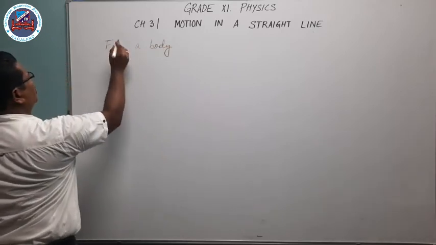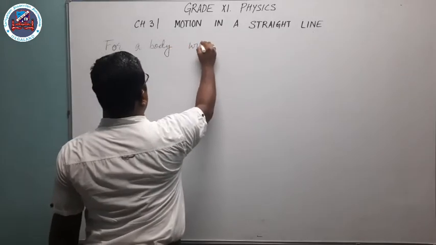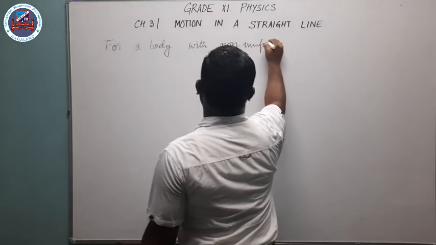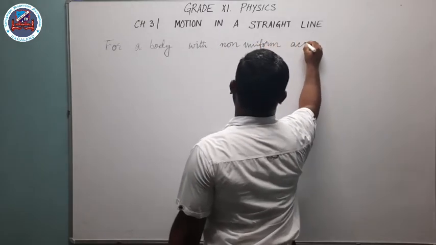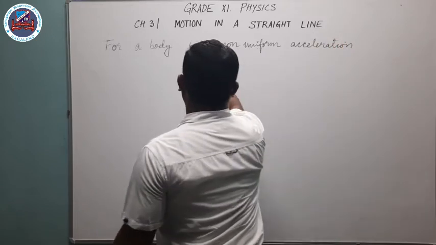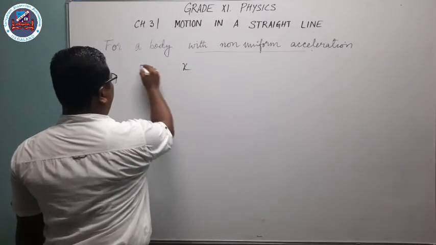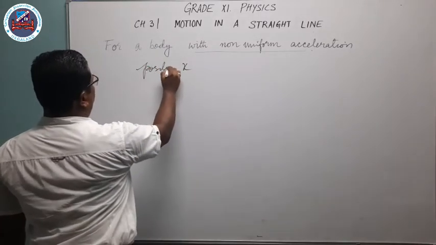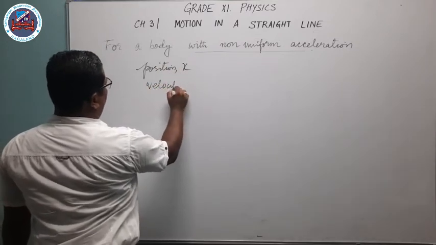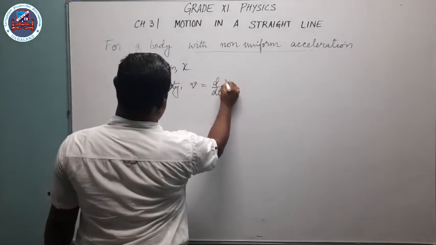With non-uniform acceleration, we use the equations of motion like our earlier way. x represents position, then to find out velocity we'll be using v is equal to dx by dt.